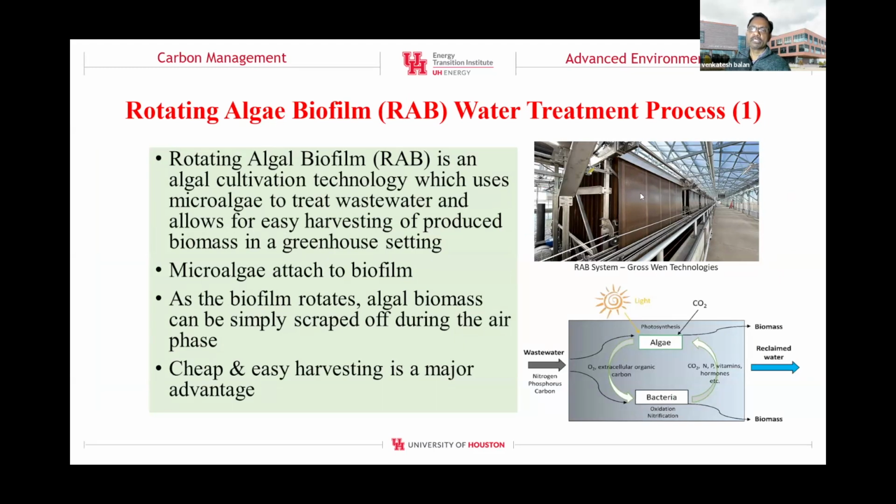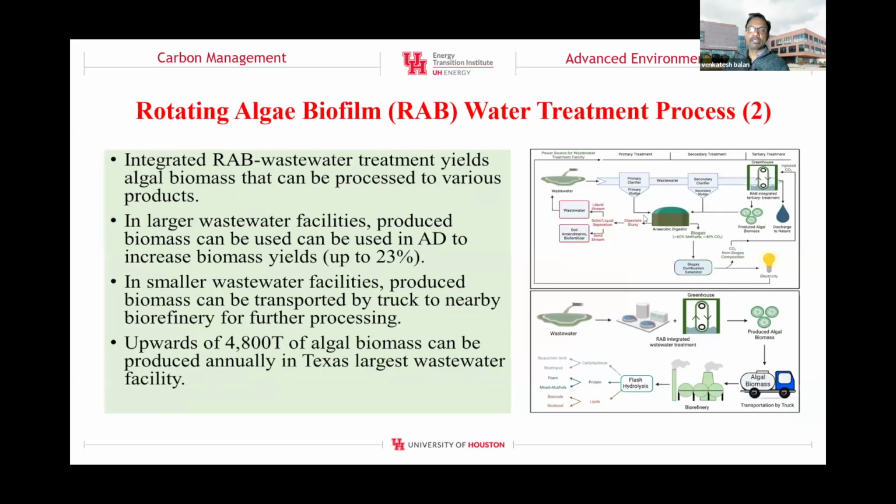The algae grows as a film, and it's not only pure algae, it's a mixture of algae and bacteria. There is a symbiotic relationship: algae captures carbon dioxide and produces oxygen, whereas bacteria produce carbon dioxide and capture oxygen. So we get a sludge comprising algae and bacteria, which can be harvested.